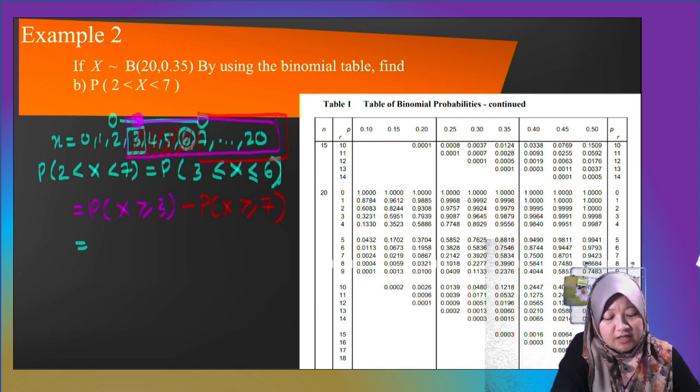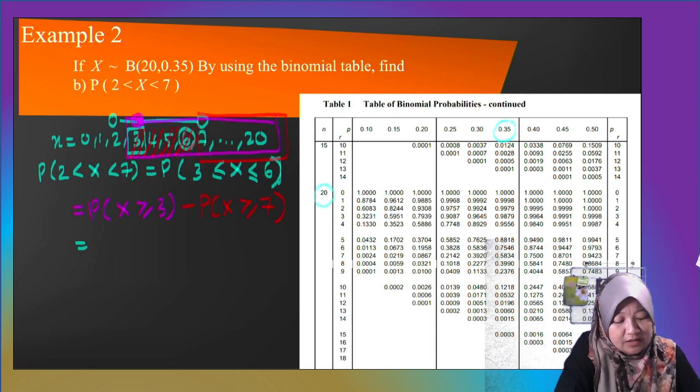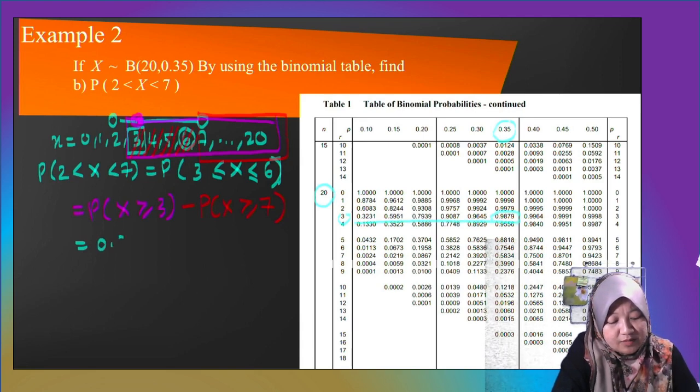Okay, so kita cari probability dia 0.35, N dia 20, R dia adalah 3. Kita baca dekat sini, 3 adalah 0.9879 tolak dengan 7 tadi, 0.5834.